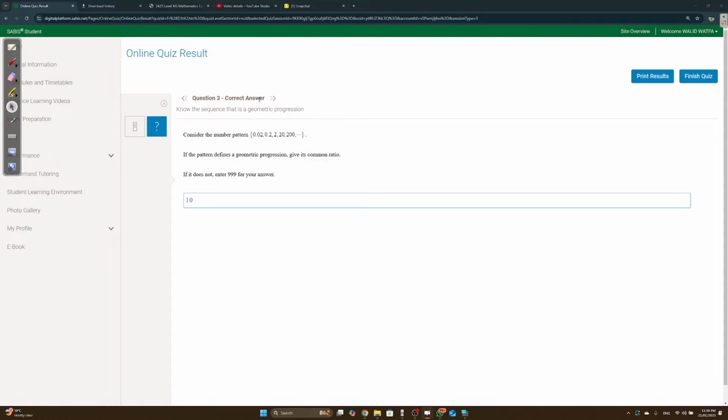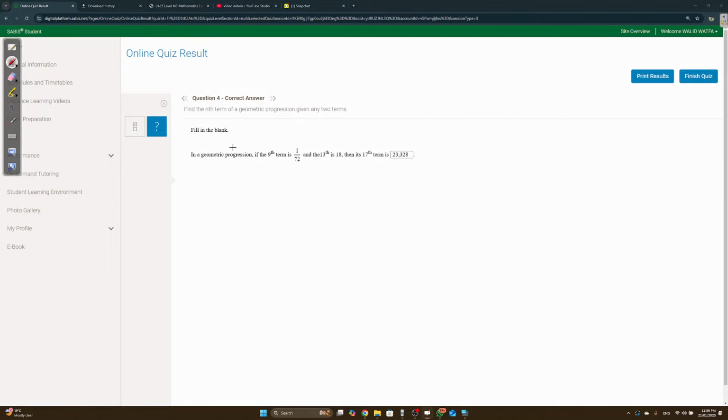Question 4. In a geometric progression, G9 is 1 over 72. G13 is 18. Then what's G17? There are many ways you can solve this, but the first thing I want to do is find r. The same way with arithmetic you need d, for geometric you need r.